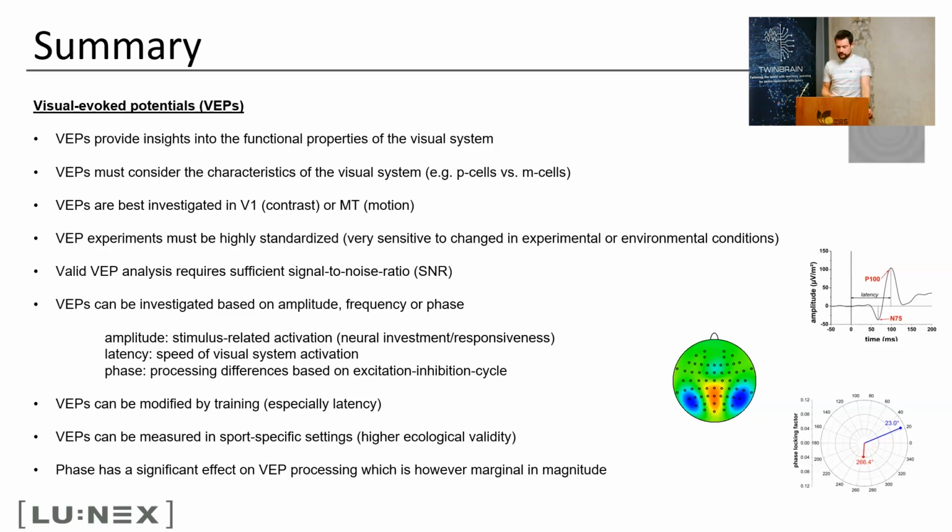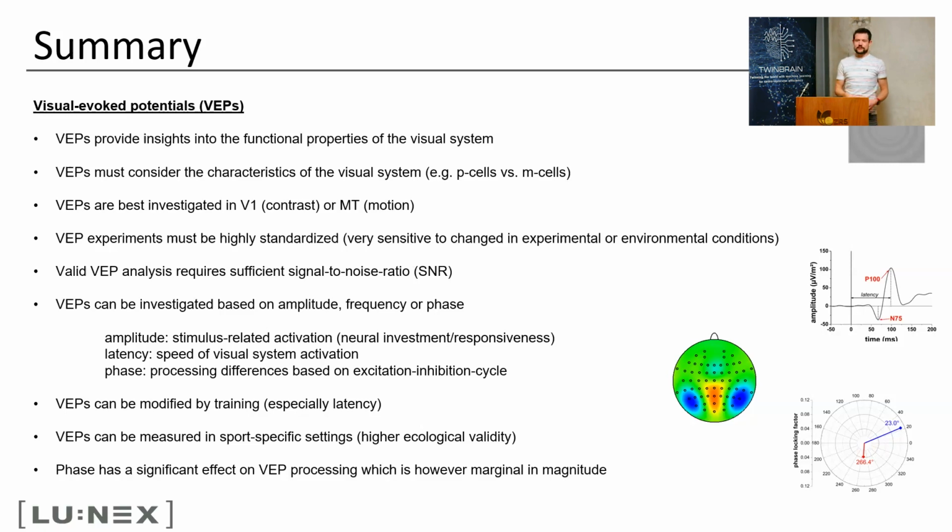To investigate that for the VEPs, typically you find most of the components, especially the N75 and the P100, in the primary visual cortex, so V1, while for motion, it is mostly in the motion sensitive area MT, so the mid-temporal areas.